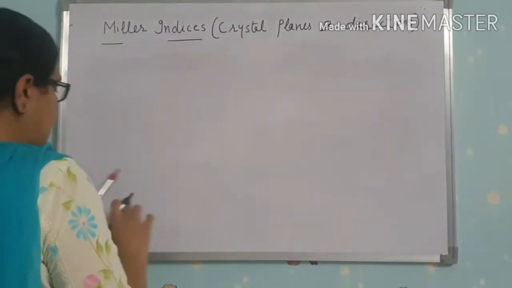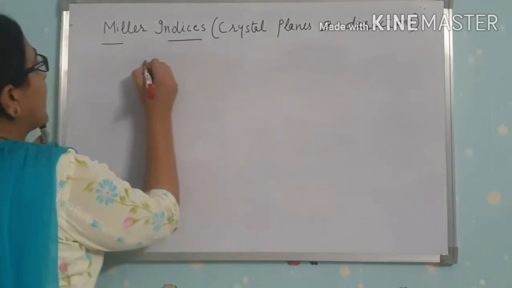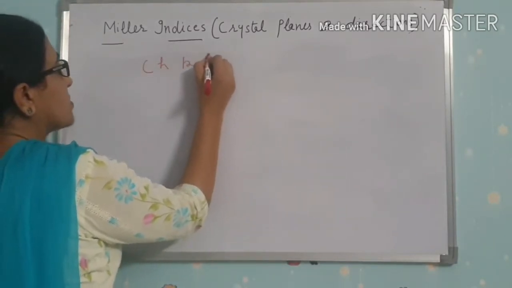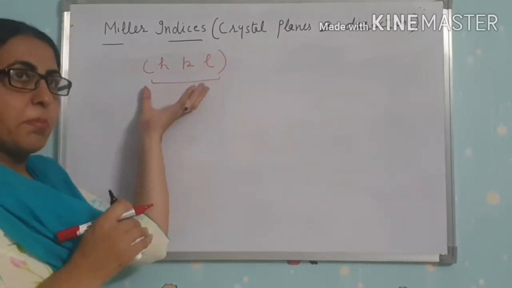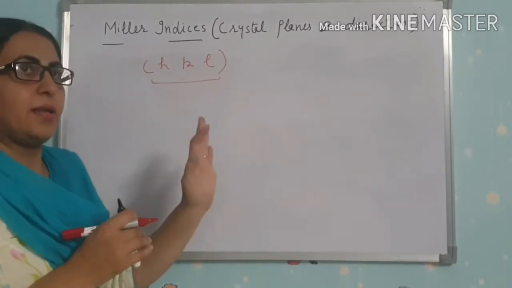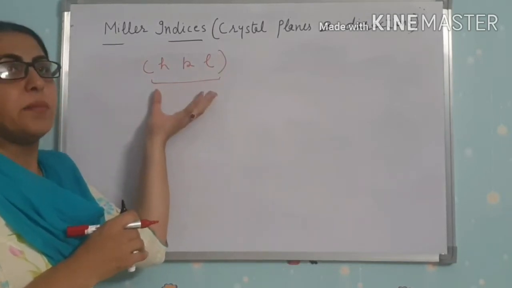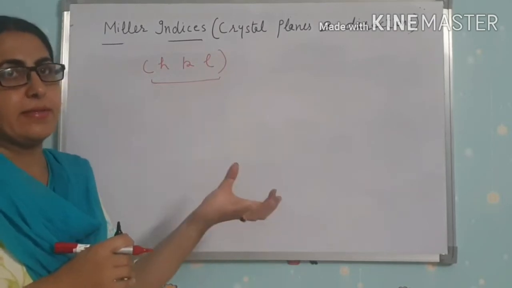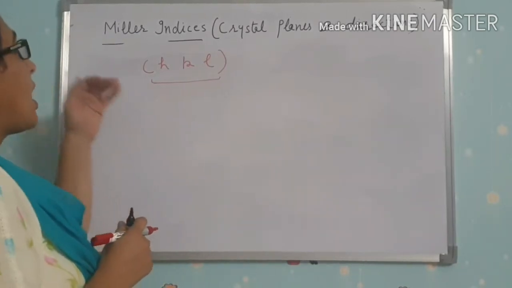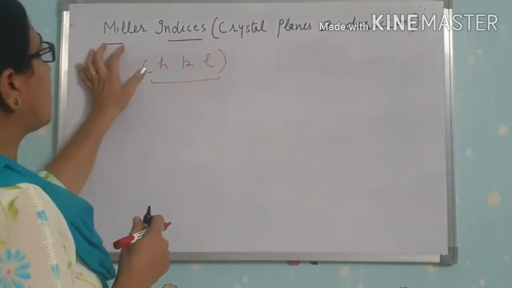So Miller devised a system like HKL. He gave a system which contained three numbers, that is HKL. Clear? That represents a set of parallel planes. Clear? So now how to find out the Miller indices.